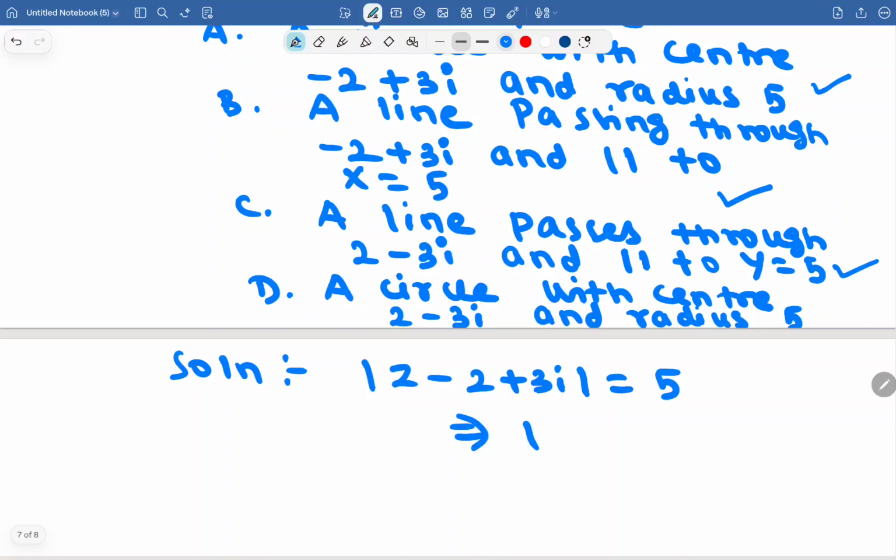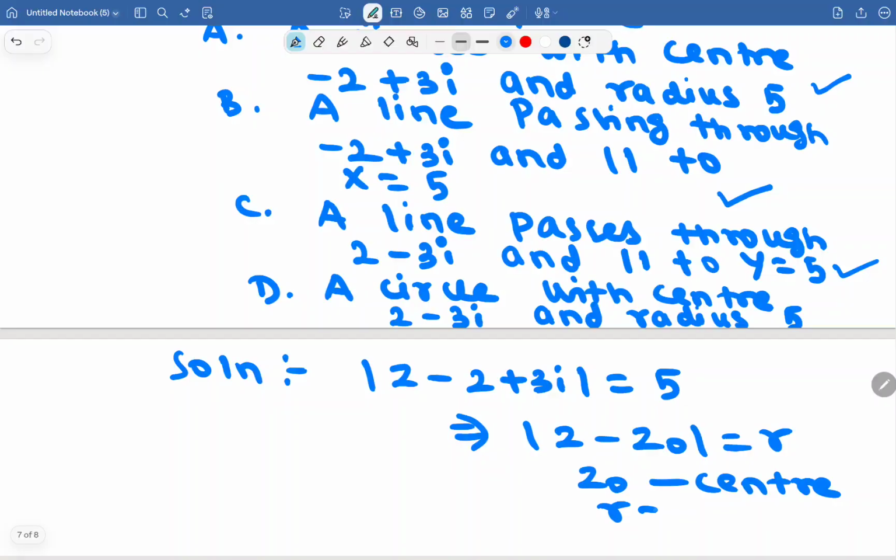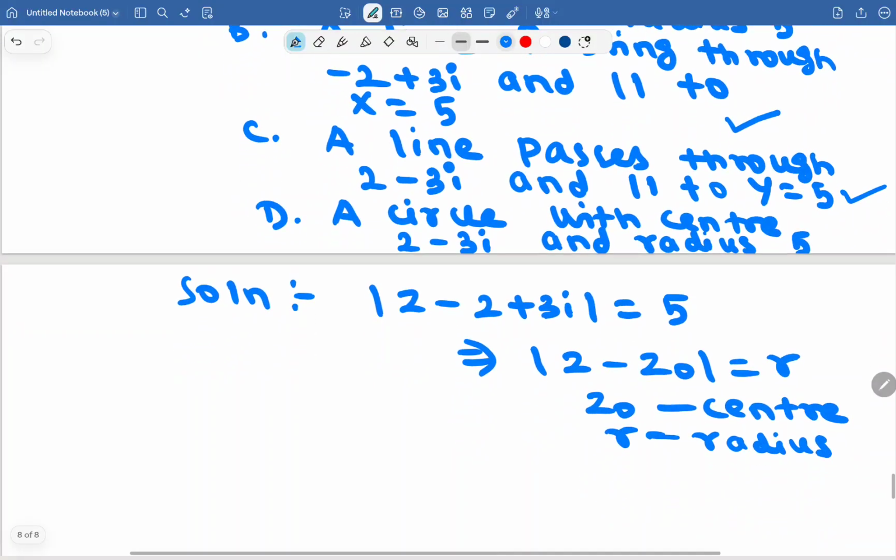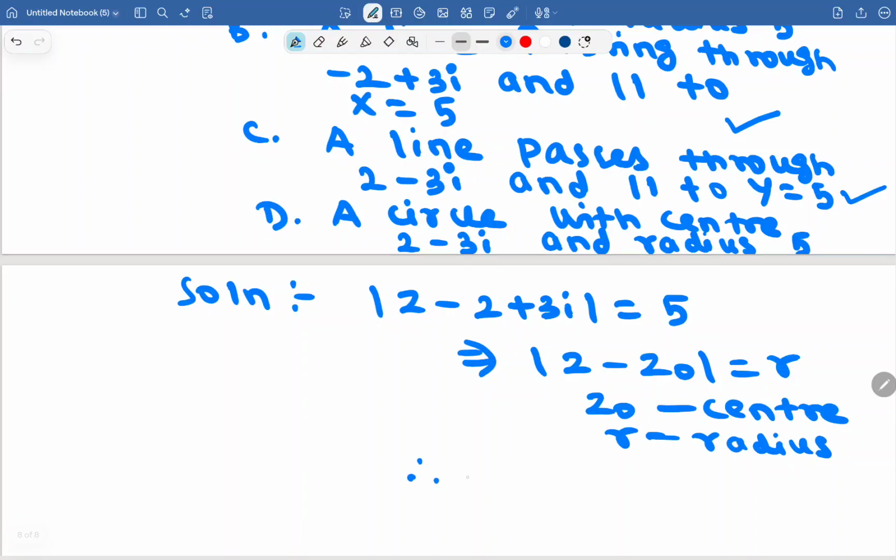This is in the form of modulus of z minus z naught equal to r, where z naught is the center and r is the radius. Therefore, modulus of z minus (2 minus 3i) equal to 5.